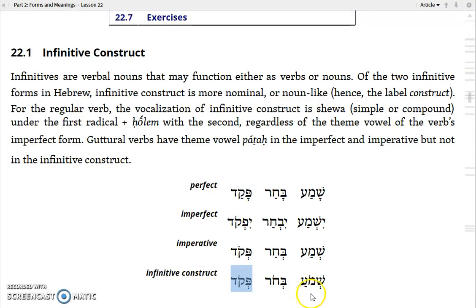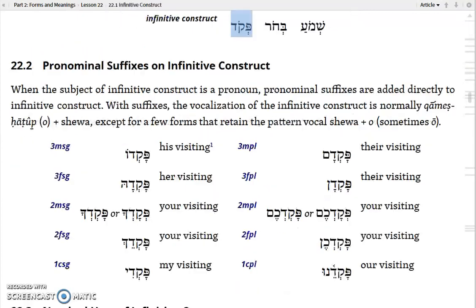That third guttural steals a furtive patah, and you get shemoa, to hear, the infinitive form. The imperative form is shema with the patah influenced by the guttural. So the general pattern is shavah under the first consonant, holum between the second and third consonant.